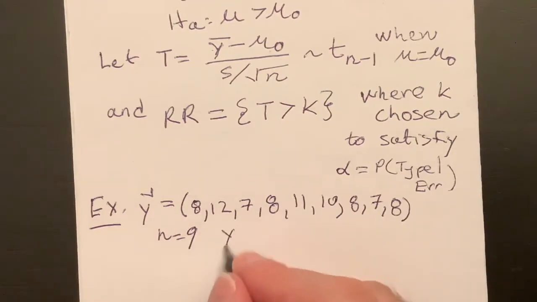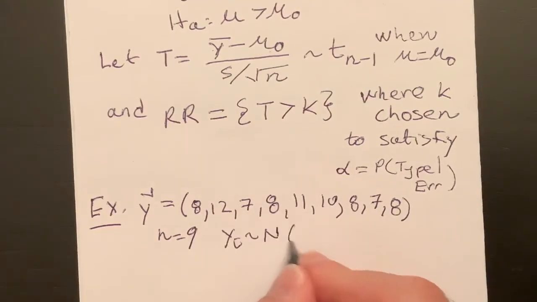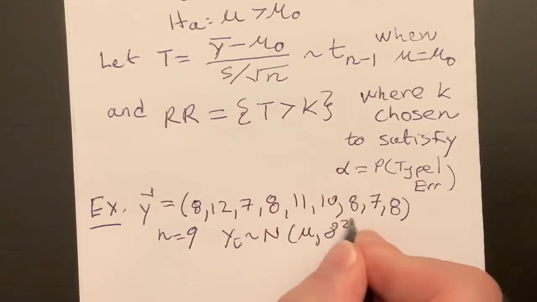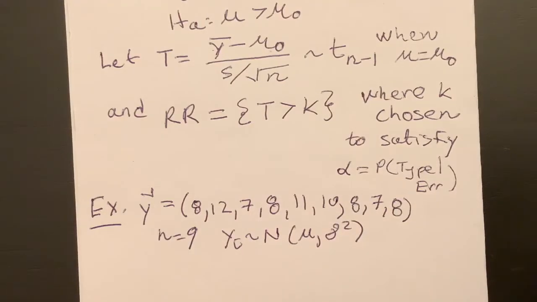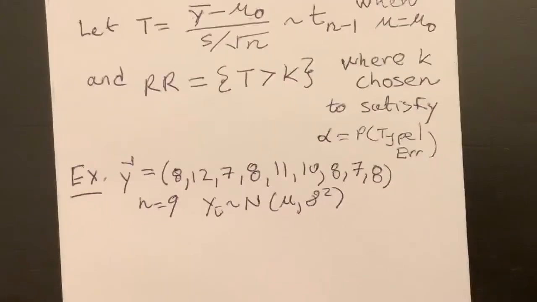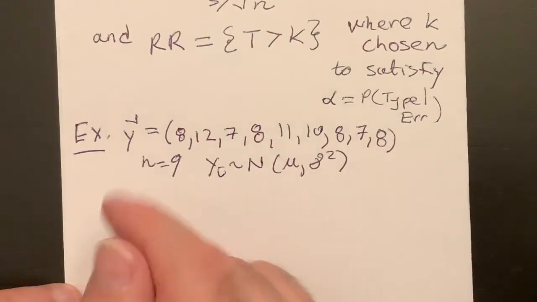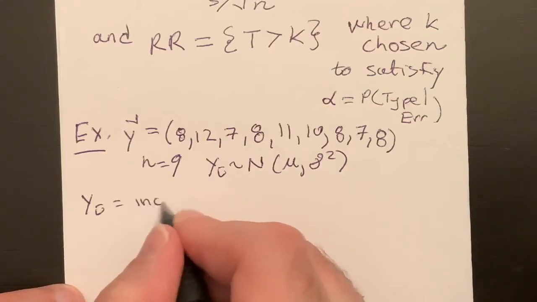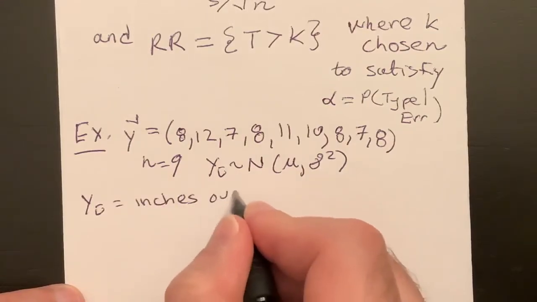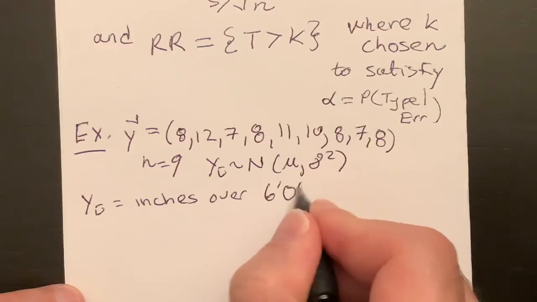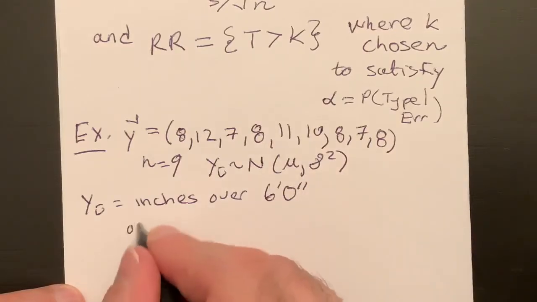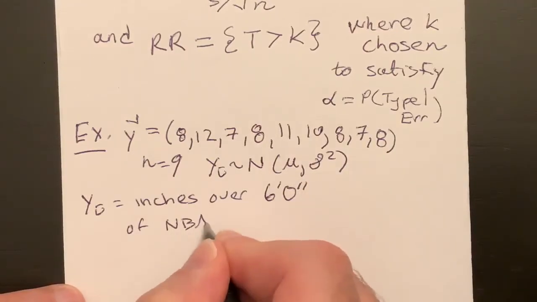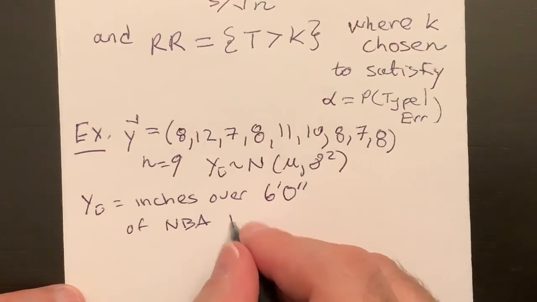And we'll assume yi is normal, mu, sigma squared. And these yi represent inches over 6 feet of NBA forwards.